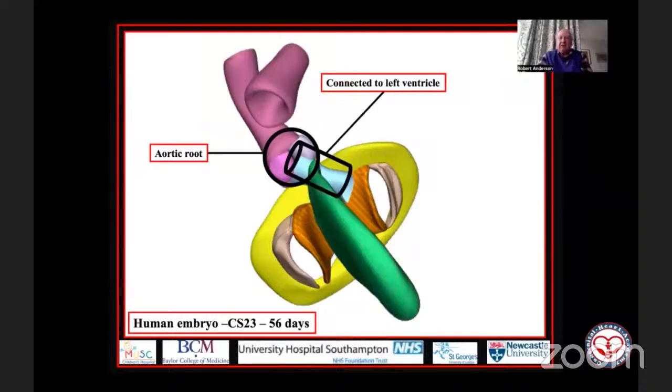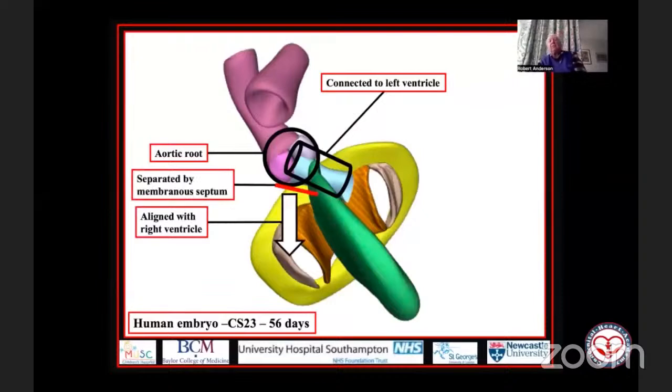And there you see how the secondary interventricular communication is being transformed into the left ventricular outflow tract. But the aortic root remains aligned with the cavity of the right ventricle. But by this stage in normal development, the tertiary interventricular communication has been closed by formation of the membranous septum.